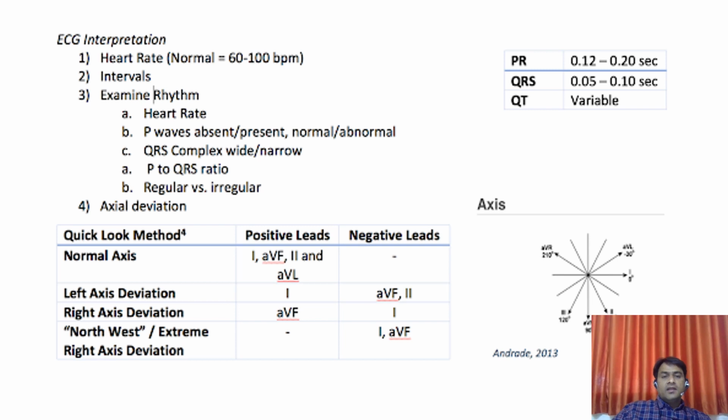Then rhythm, heart rate, P wave, whether the P wave is absent, present, normal, abnormal, QRS complex wide or narrow, then the P to QRS ratio, and whether the rhythm is regular or irregular. Then the axis deviation.